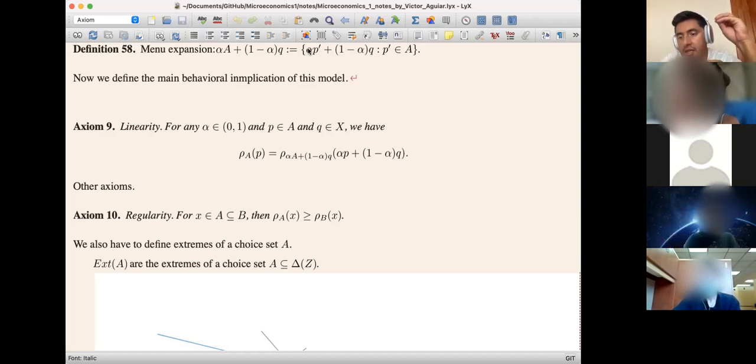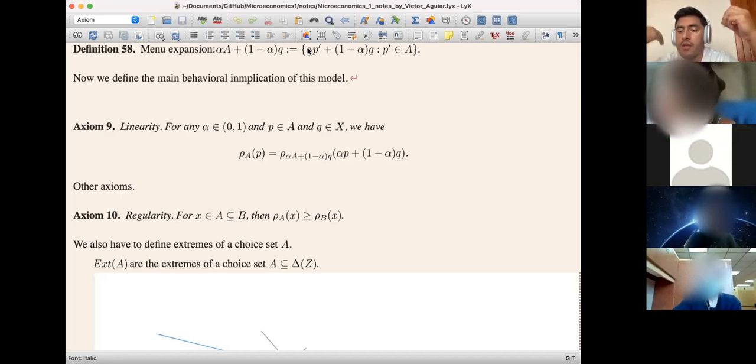Hence, if X was chosen in the larger menu, X has to be chosen in the smaller menu. This property is historically called the contraction property, and it is implied by the weak axiom of revealed preference. So yet again, the regularity property is this stochastic version of the contraction property, which is implied by the weak axiom.